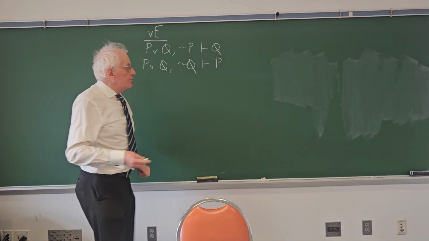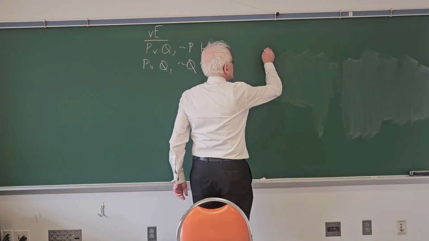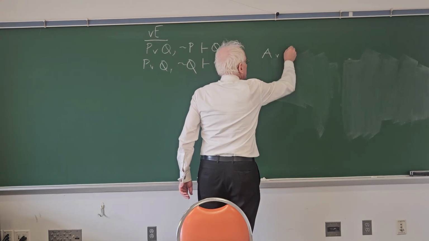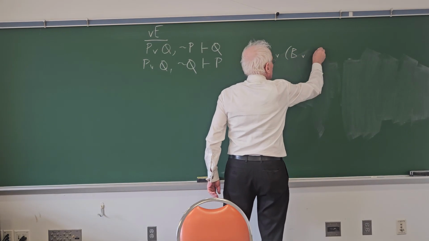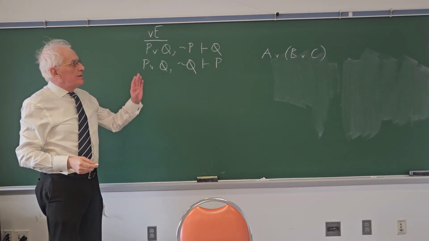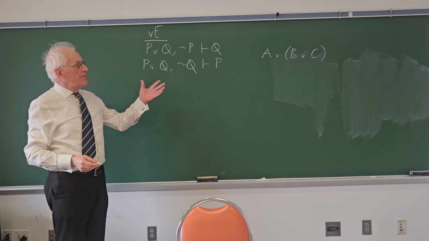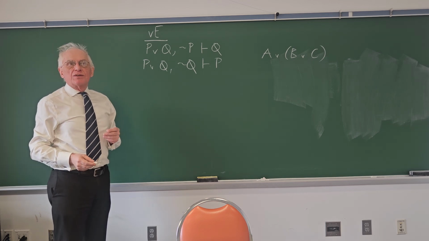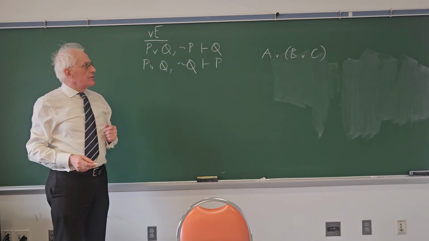If we have a long disjunction, here you have a disjunction with an atomic sentence as a left disjunct and a disjunction as the right disjunct.